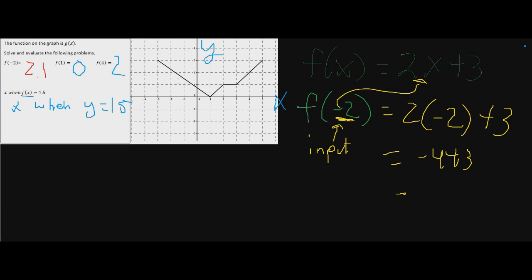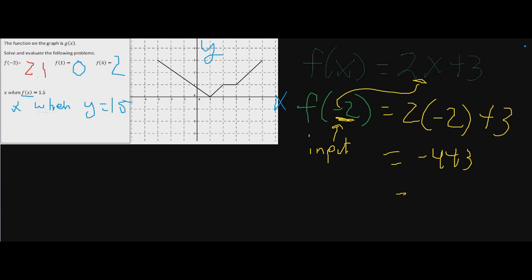So if I look over here, right in this area is where my y value is 1.5. So now I'm going to look at my graph, my function, and see where on this function my y value is 1.5. So if I look here, right at this point, at x equals negative 1, my y value is 1.5, which is what I was looking for.